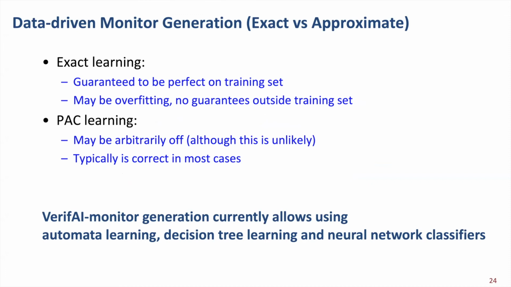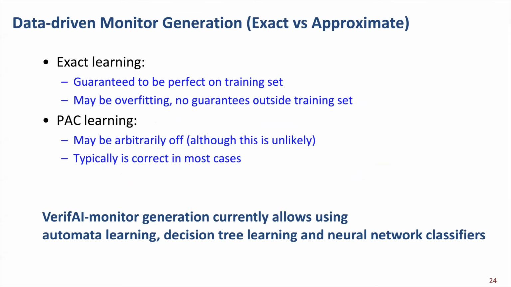Basically, you can look into the literature and find either exact or PAC learning algorithms. The exact learning algorithms come with a very nice guarantee that they're 100% correct on the training set. But we've seen that they're often overfitting, and you won't have any guarantees outside of the training set.